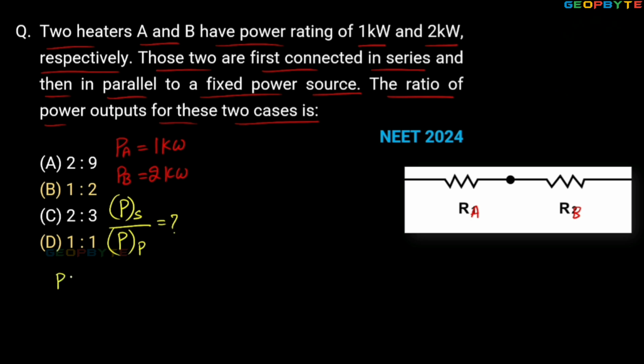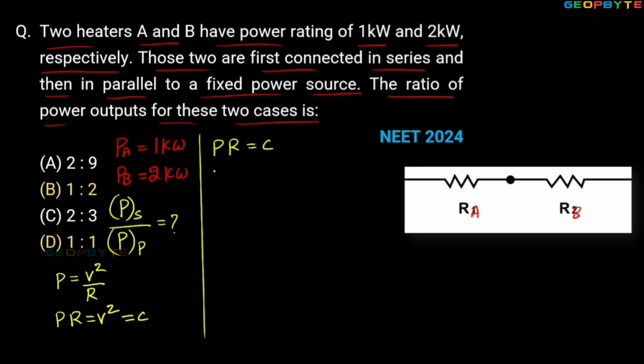As you know, power P equals V square by R. From this, I can write that P into R equals V square. It is given that they are connected to the same power source, V constant. Therefore, V square is constant. Since V square is constant, the product of P and R is a constant, or PA RA equals PB RB.